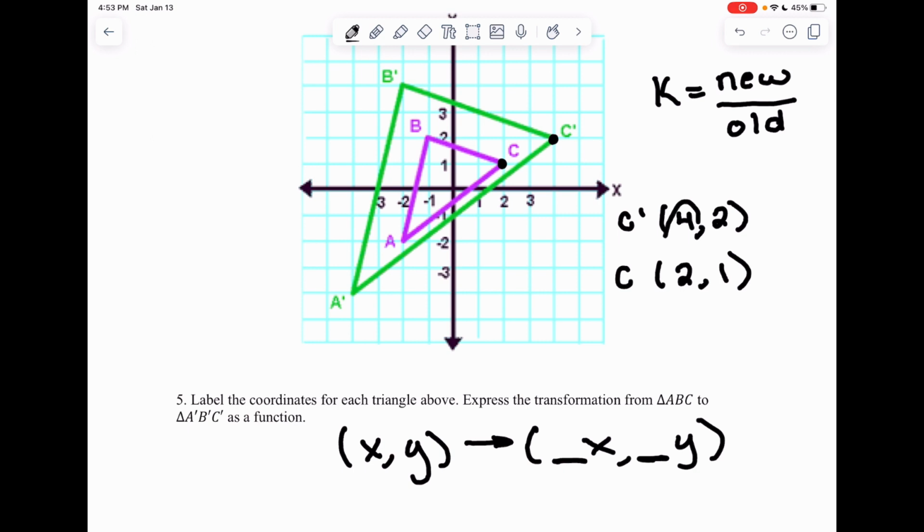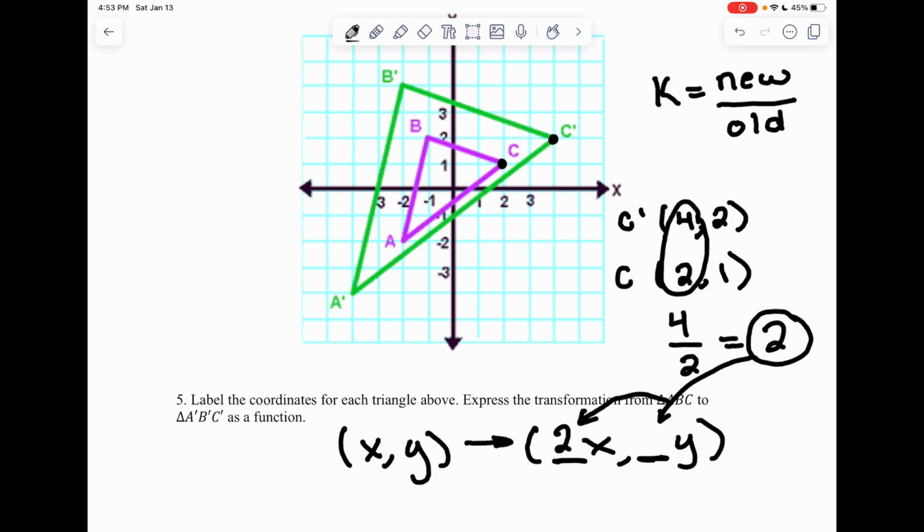If I just look at the x values, 4 divided by 2, new over old, I get that my scale factor is 2. And that's what I'm going to place as my scale factor, 2 and 2. So for each point (x, y), we multiply both the x and the y by 2 to go from the purple triangle to the green triangle.